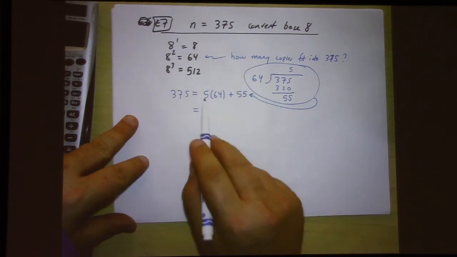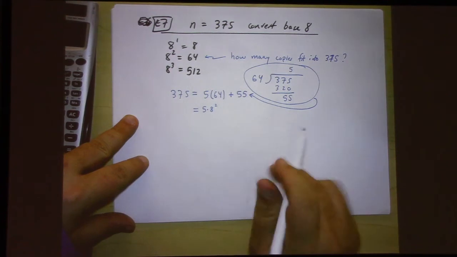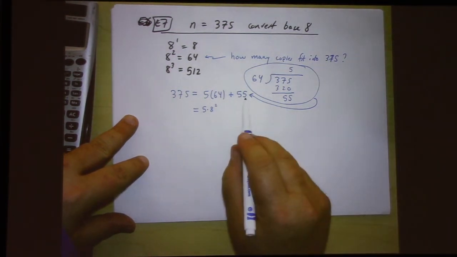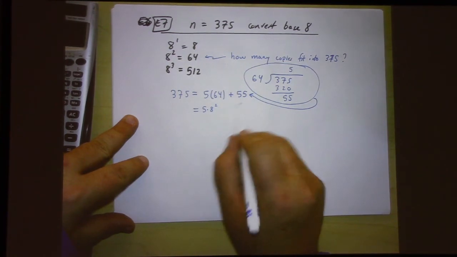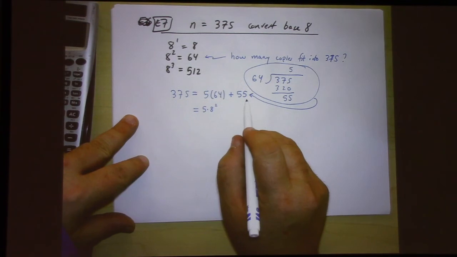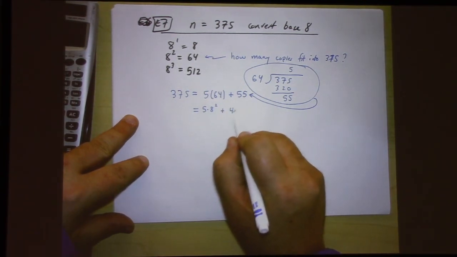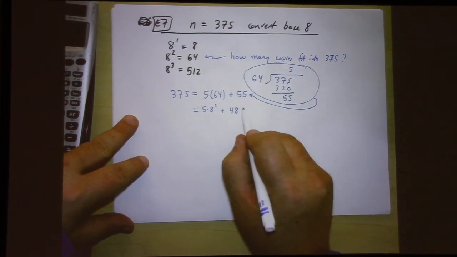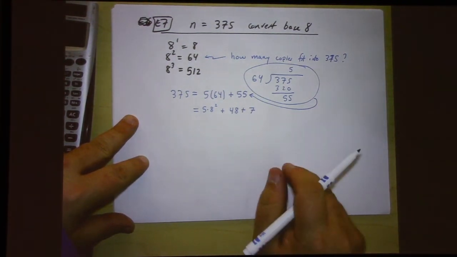So I've got 5 times 64, right, which is 5 times what? 5 times 8 squared, right? That's what I want. 55. What is 55? Well, what's 56? 56 is 7 times 8, right? So 55 we can rewrite as 48 plus what? Plus 7, right? You guys with me?